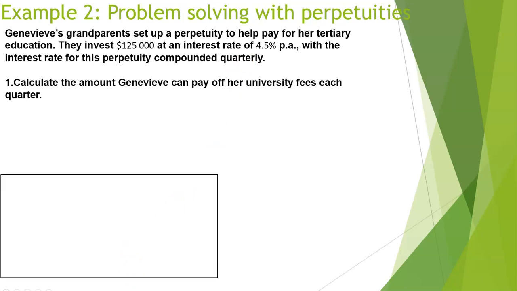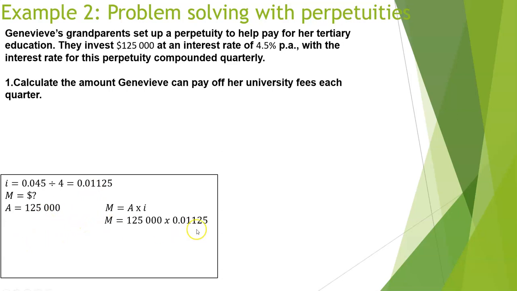So let's put down what information we know. 0.045 divided by 4 is 0.01125. We have to work out our M value, and we know our starting amount is $125,000.